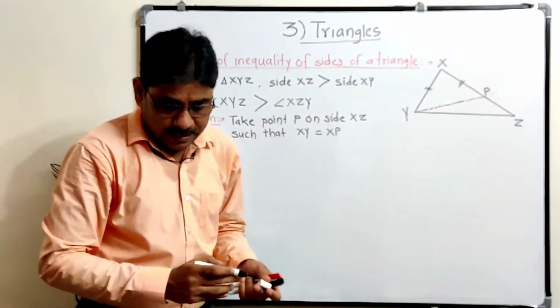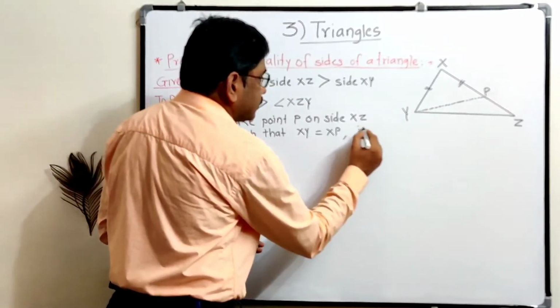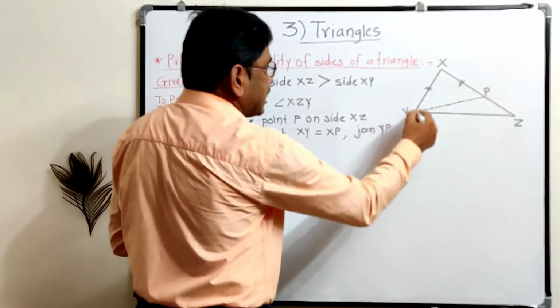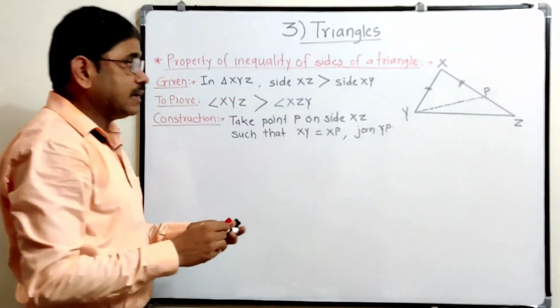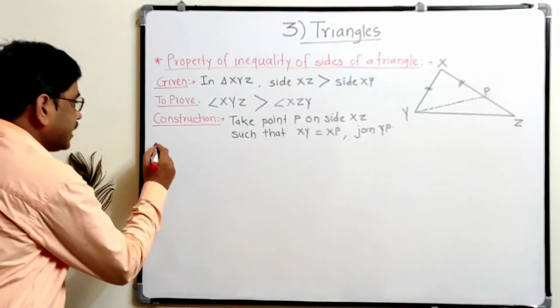XY and XP both are congruent, and then join, or draw, YP. So this triangle XYP is which type of triangle? Isosceles triangle.